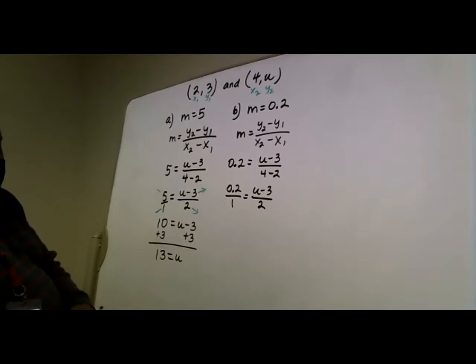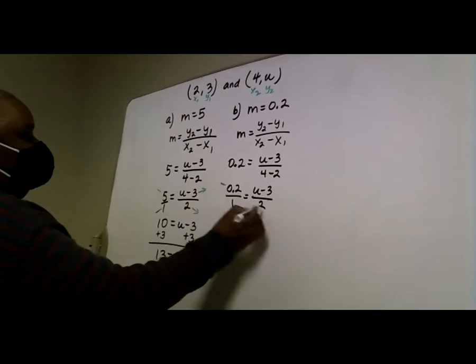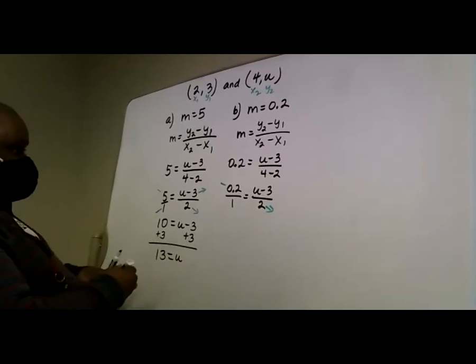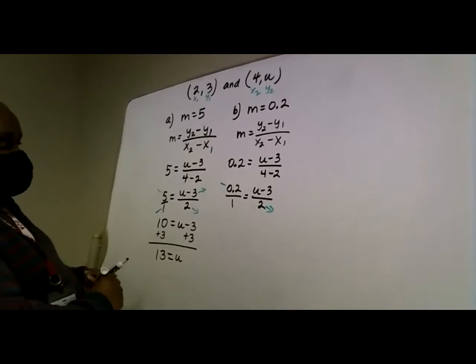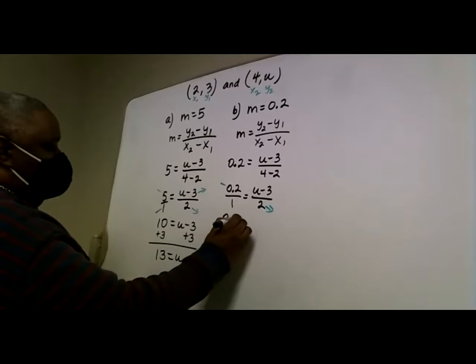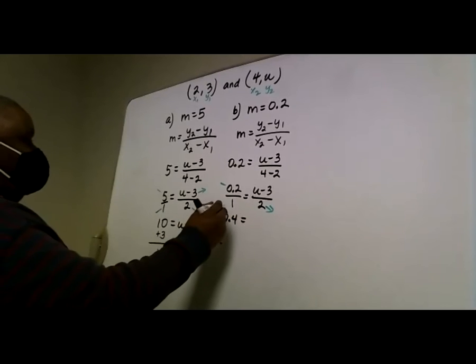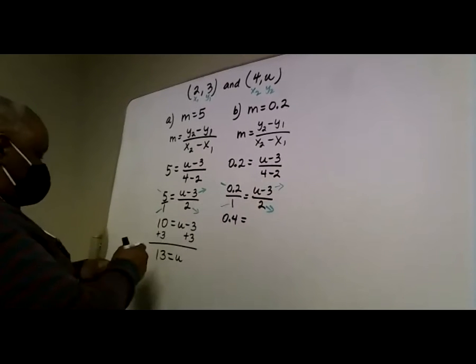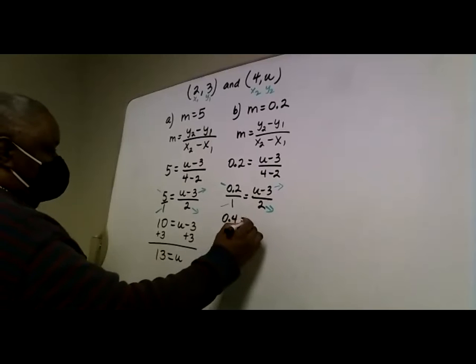And then we're going to cross multiply. That 0.2 times 2, this is going to be 0.4. That's equal to 1 times u minus 3, which is, of course, u minus 3.